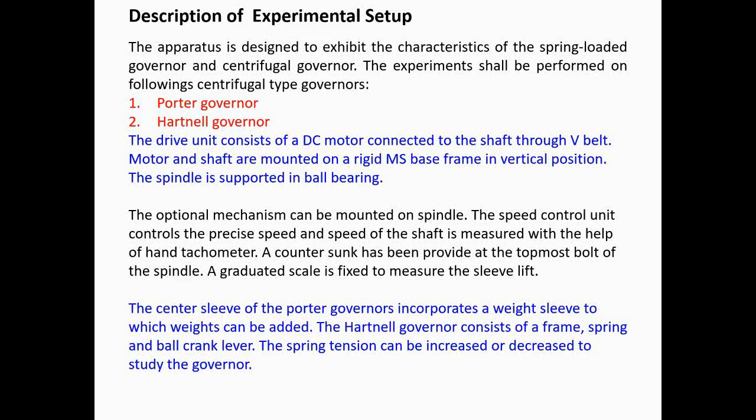The center sleeve of the Porter governor incorporates a weight slip to which the weight can be added. The Hartnell governor consists of a frame, spring and the bell crank lever. The spring tension can be increased or decreased to study the governor.